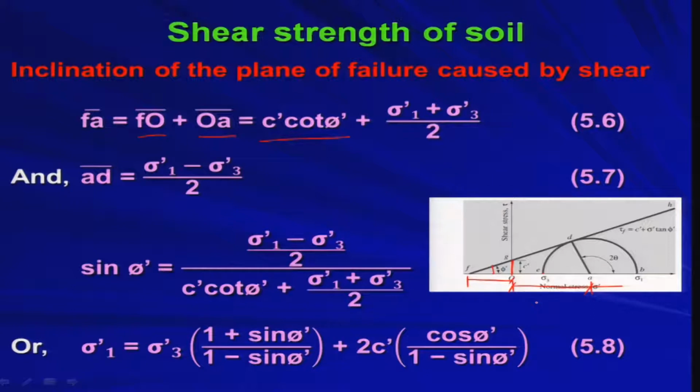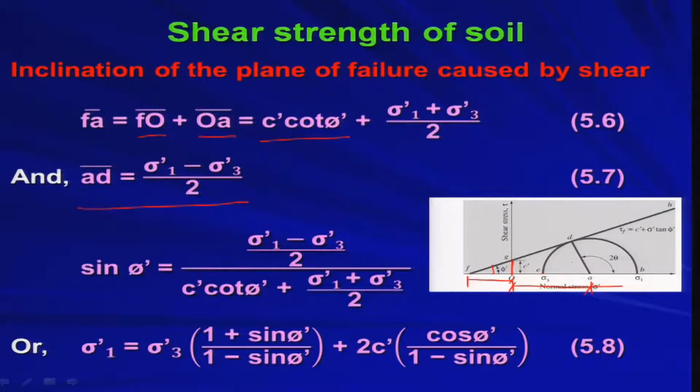Now, again we can write AD. What is AD? AD is nothing but the radius of the Mohr circle, that is (sigma 1 minus sigma 3) by 2, the major principal stress minus the minor principal stress divided by 2.